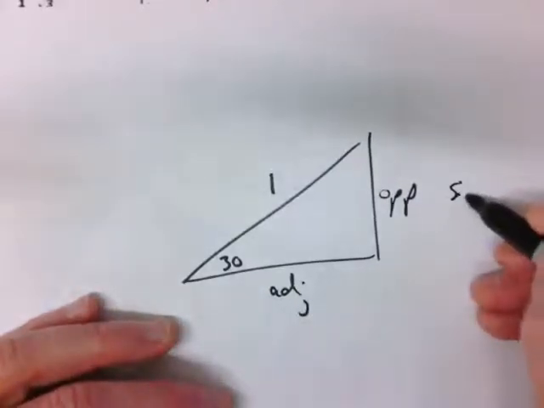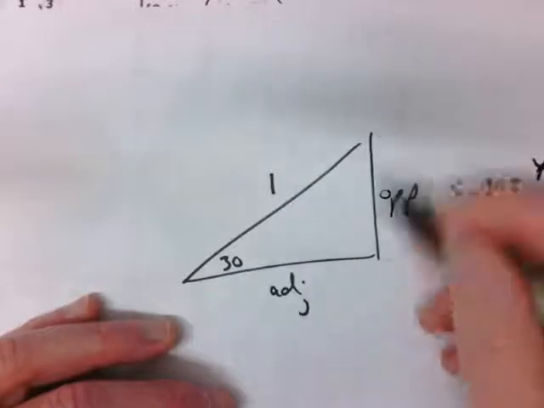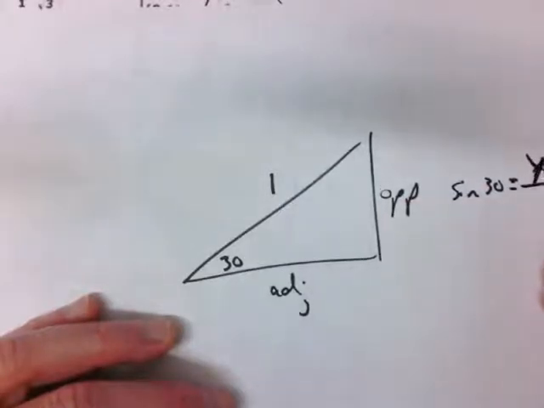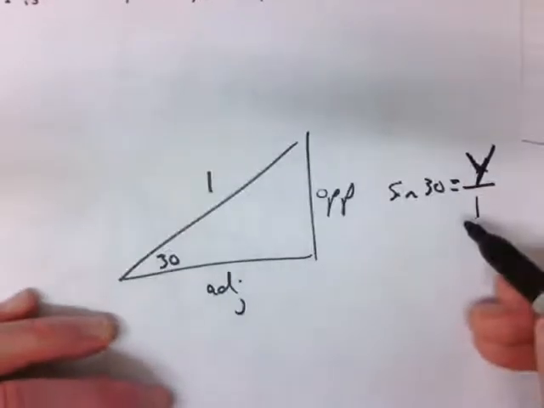You would use sine. So sine of 30 equals the opposite side, y over 1.